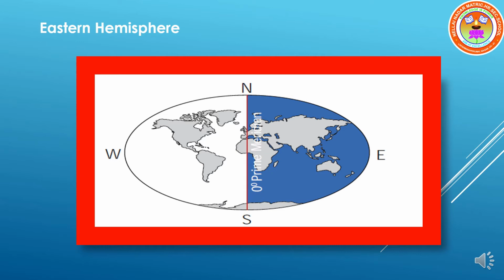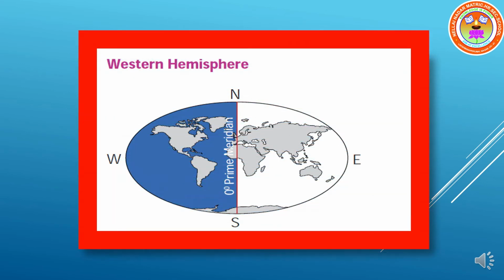So, the part of the Earth between the 0 degree line of longitude, that is the red color line, which is called as prime meridian, and the 180 degree east line of longitude is known as the Eastern Hemisphere. Is it clear, children?